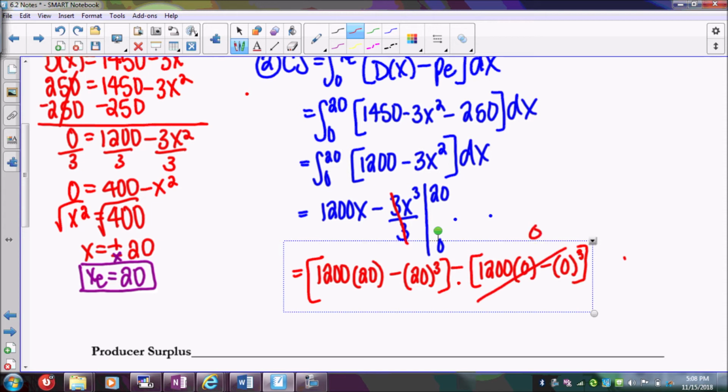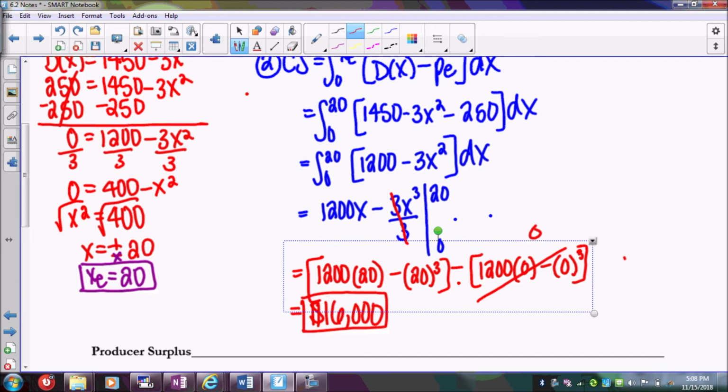Not always, so be careful, but a lot of times that will happen. So when I get the first value, I end up with $16,000. That represents the consumer surplus.